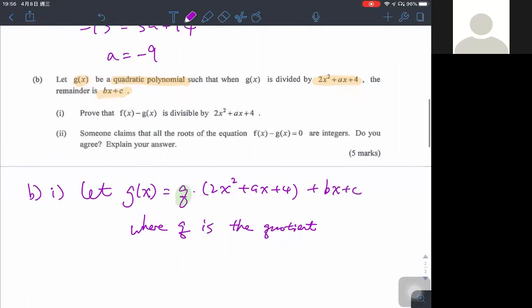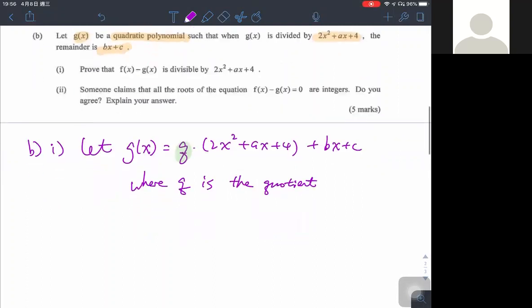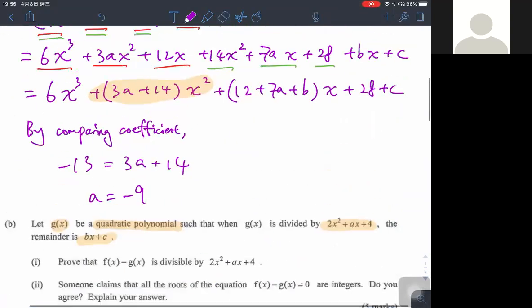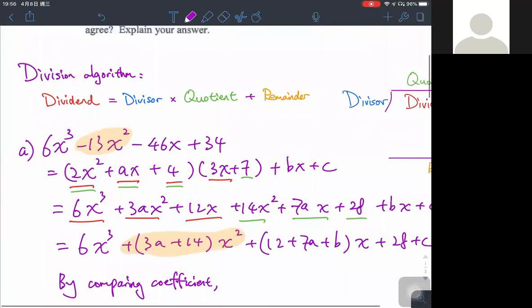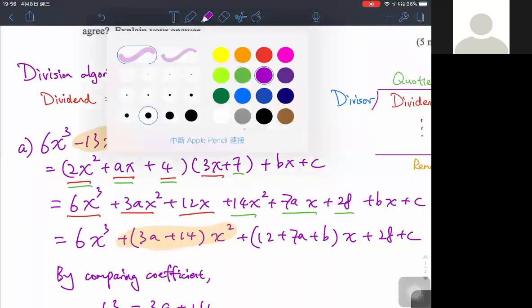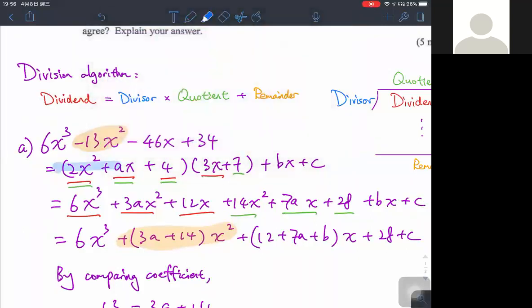Now, however, the question is not asking me to find q. We need to prove that f(x) minus g(x) is divisible by 2x squared plus ax plus 4. So how can you do this is just to start from f(x) minus g(x). And what is g(x)? From the result of part A, I have this one, this is g(x).